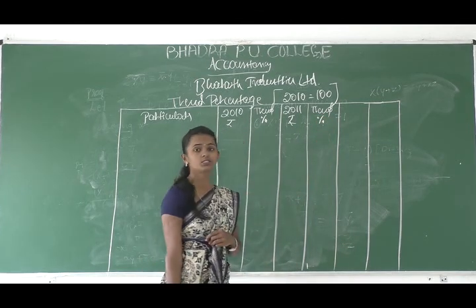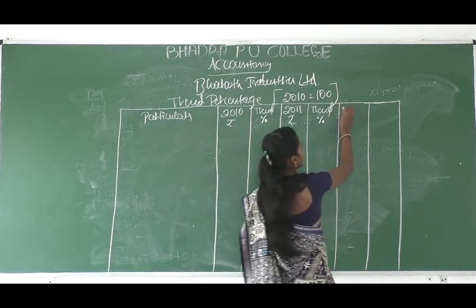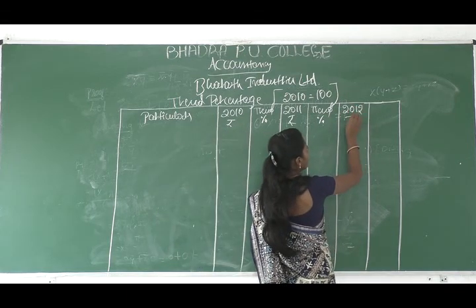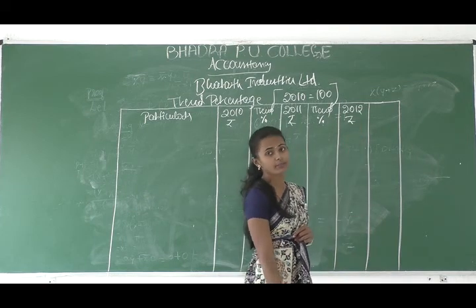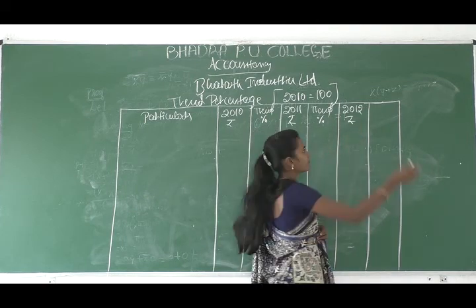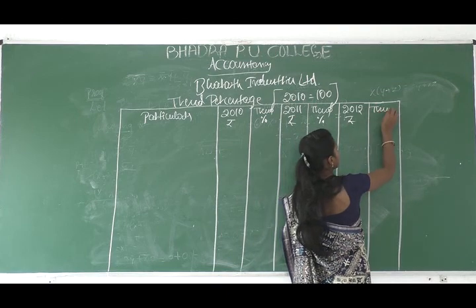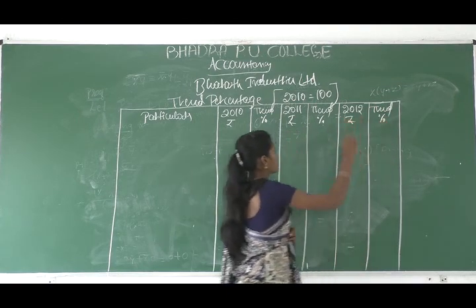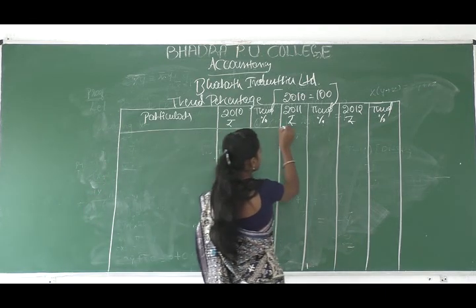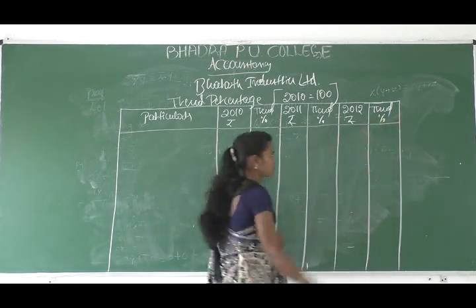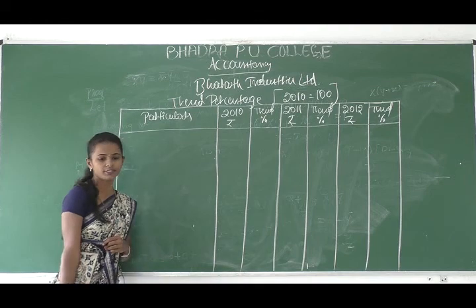The third year is 2012, again in the form of rupees, and in this column we need to calculate the trend percentage of 2012. This is your format.